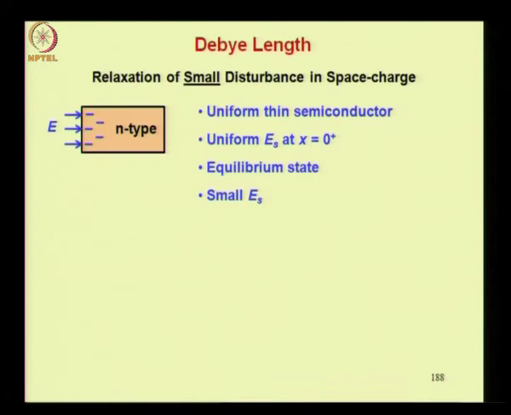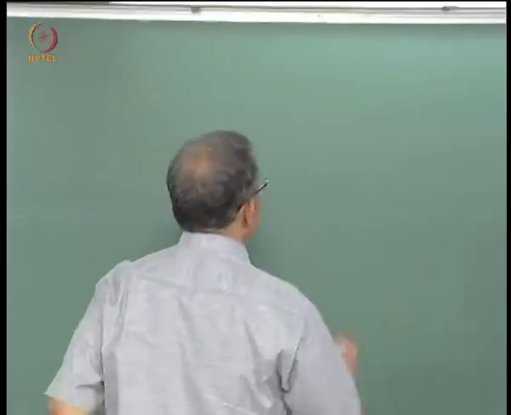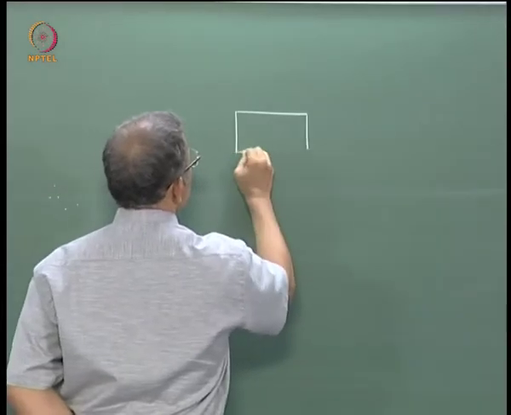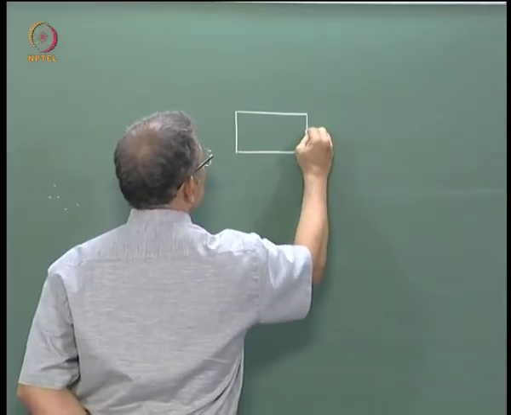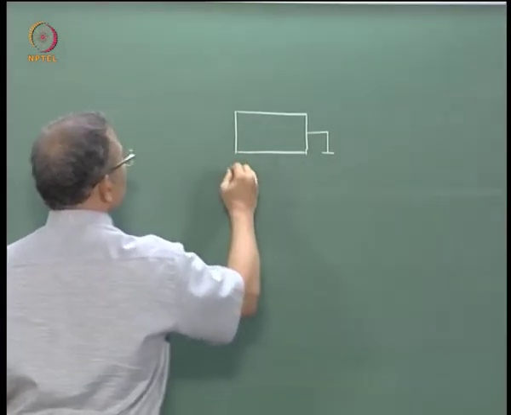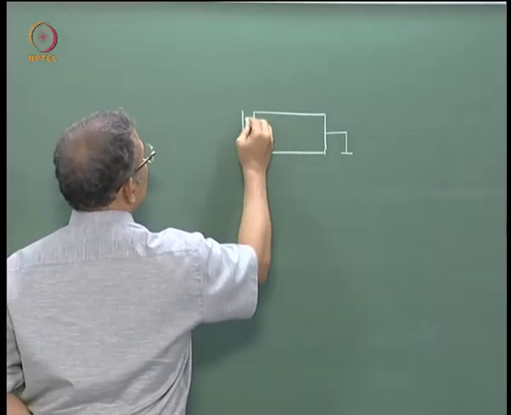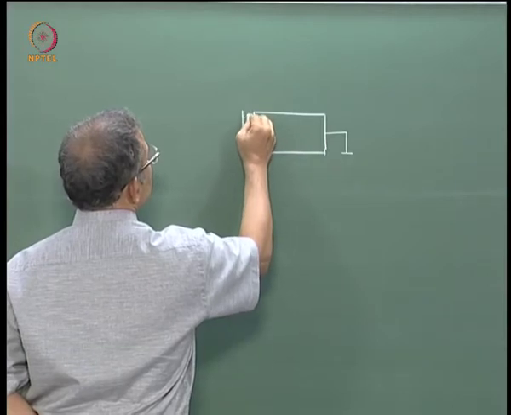So where are these electrons coming from? Well, they are coming from the terminal here, because after all you are applying an electric field in a practical situation. How would you do it? It would be something like this. You have a terminal here, let us say this is the reference terminal, and here you have an electrode which is creating the field.